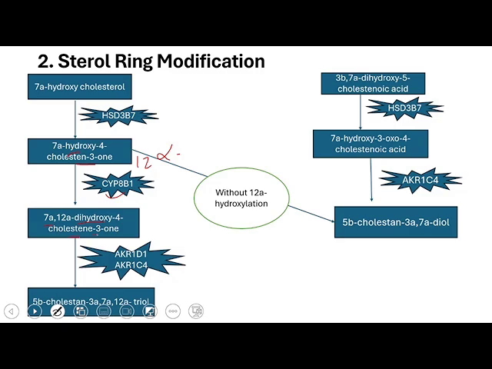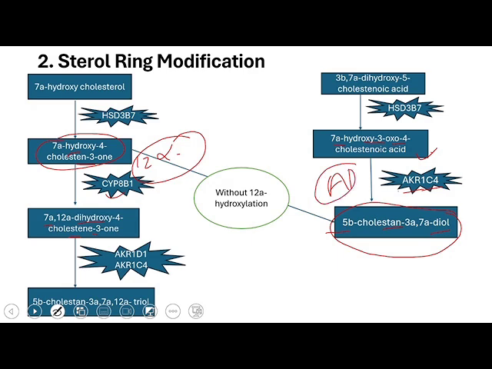And we can see that if the 12 alpha hydroxylation is not occurring, then this is converted to 5 beta cholestane 3 alpha 7 alpha diol, which is also formed from the action of the AKR1C4 enzyme on 7 alpha hydroxy 3 oxo 4 cholestenoic acid, which is the intermediate compound of the alternative pathway.